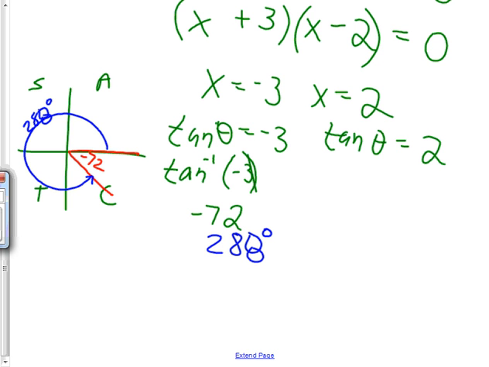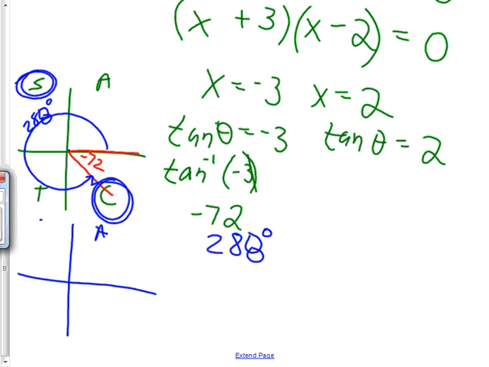Where else is tangent negative? This was one of the spots I could draw the triangle where tangent was negative. Here's another spot where tangent is negative. I'm going to make a new diagram here, all students take calc, and I'm going to do it in this quadrant now.